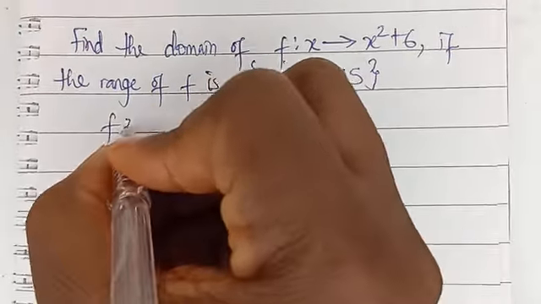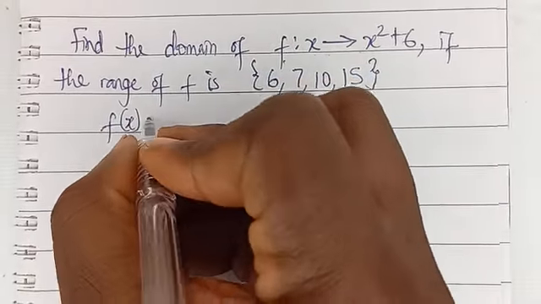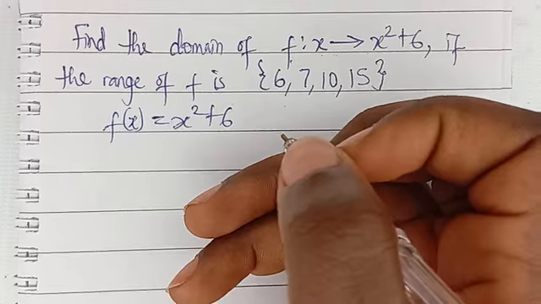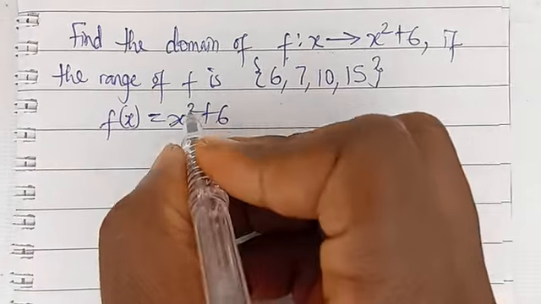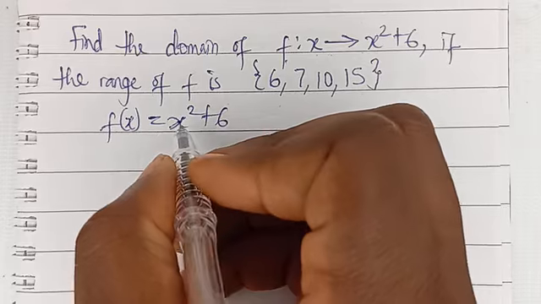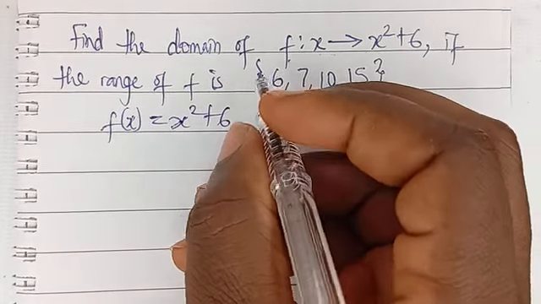We have that f of x, which is the function of the domain, is equal to x squared plus 6. And we are already told that the range is this. So this function must happen to any value of the domain. Any value we pick out for the domain, this function is carried out on it to give us the codomain.